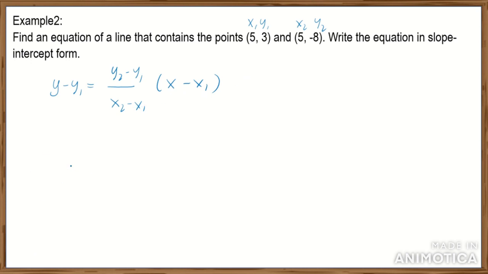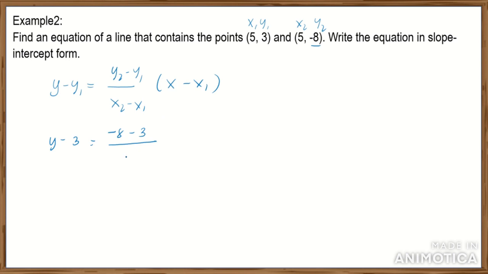So, we have y minus y sub 1. Y sub 1 is 3. Y sub 2 is negative 8, minus y sub 1 is 3.